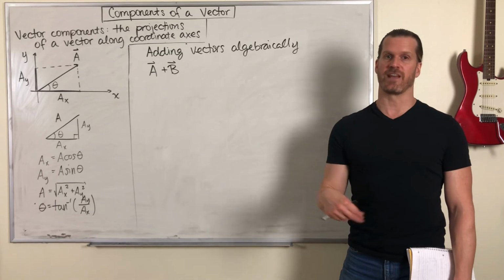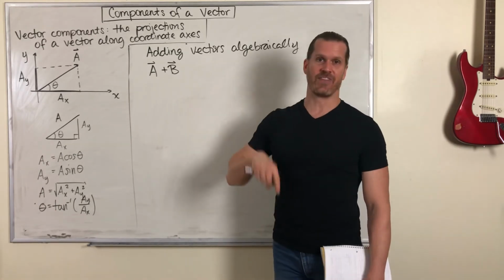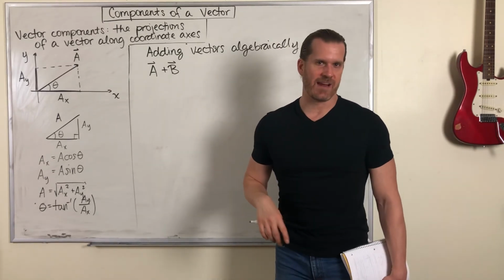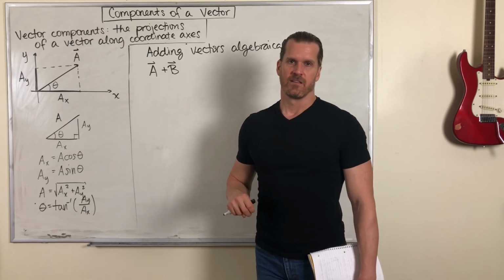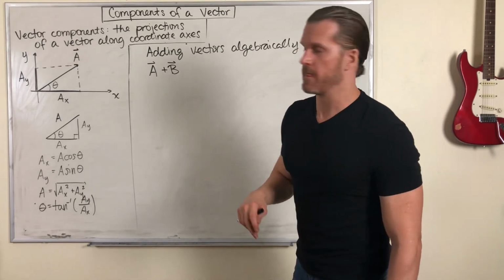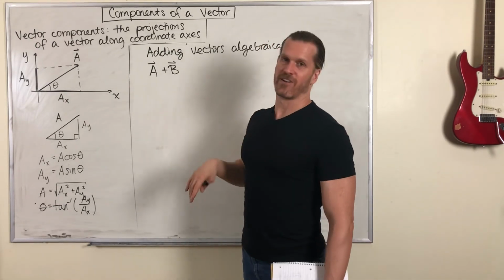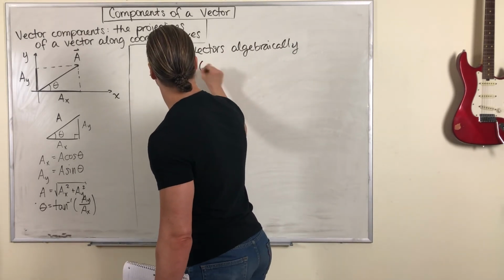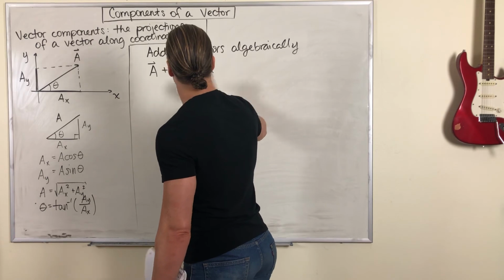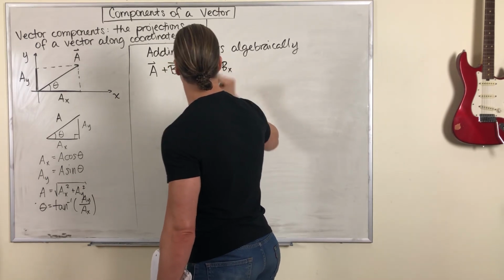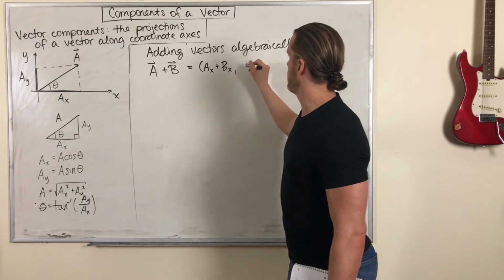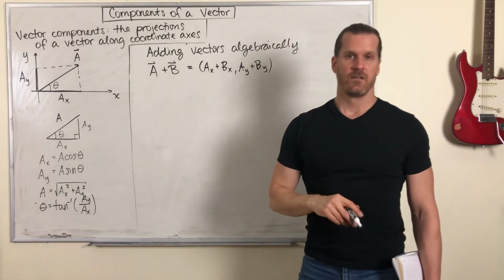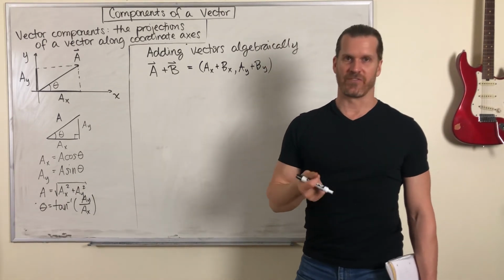You draw a picture where you connect the start of B to the end of A. You can't do this in magnitude angle form. There's not really a good way of doing it. You need to express your vectors in component form, and once you do that, adding them is really straightforward. That sum is ax plus bx, comma, ay plus by. The x components add together, the y components add together.